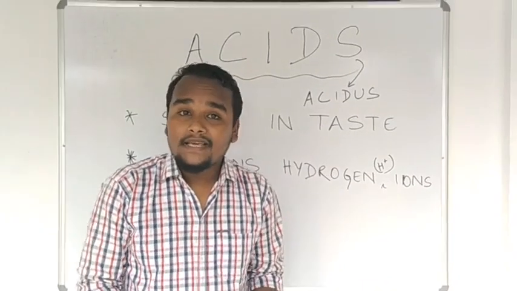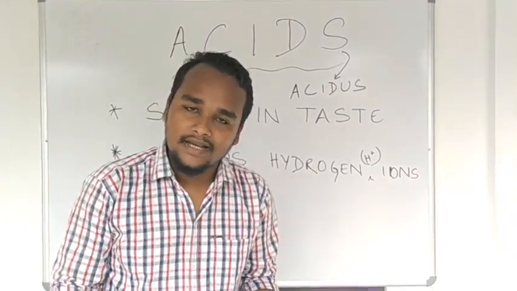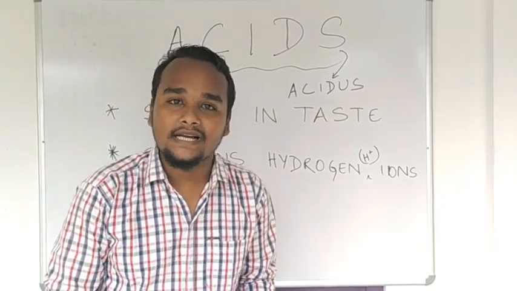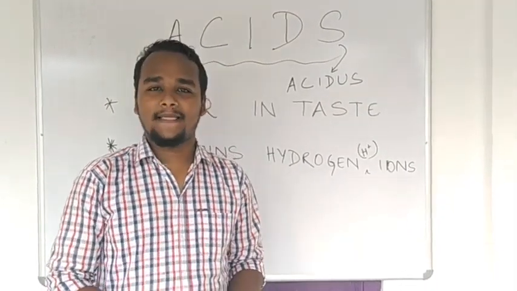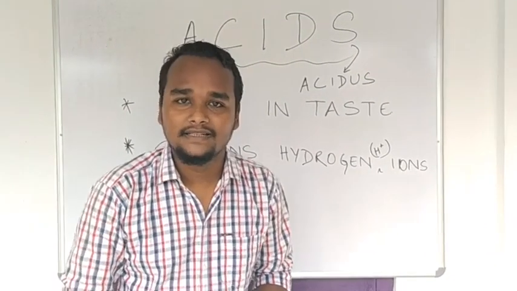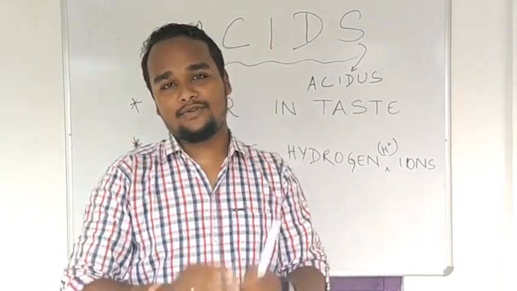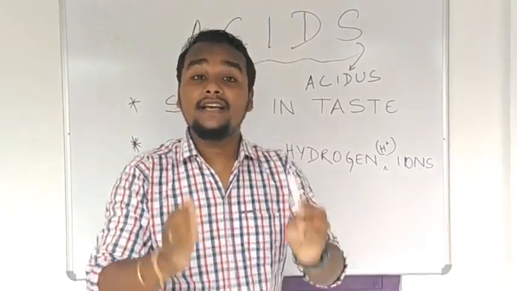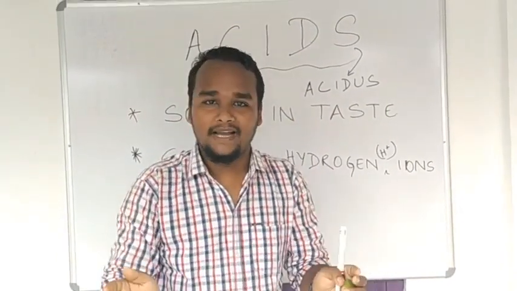You might be thinking that every acid is sour in taste, and definitely what you are thinking is correct. But you might be thinking that we can eat or drink an acid. That I have never said, and I am never going to say. We cannot drink every acid. Remove that part from your mind.